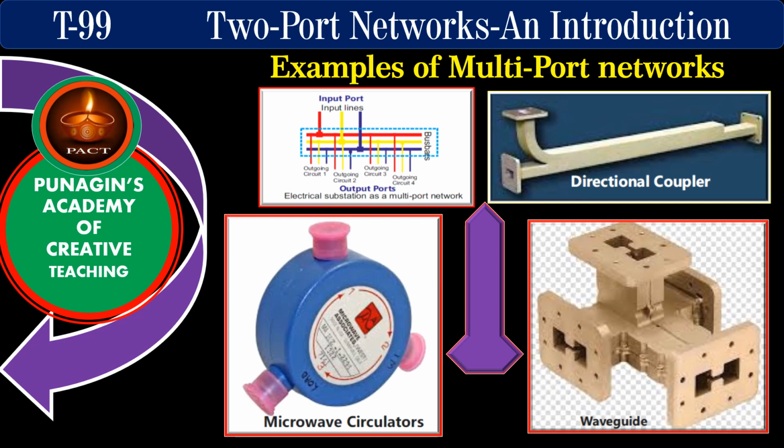And waveguides also can be represented as a multi-port network, and we see that here there are four ports. So, if we represent the networks either as a two-port or as a multi-port network, the analysis becomes very simple.